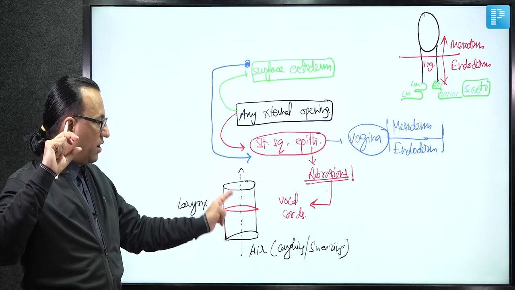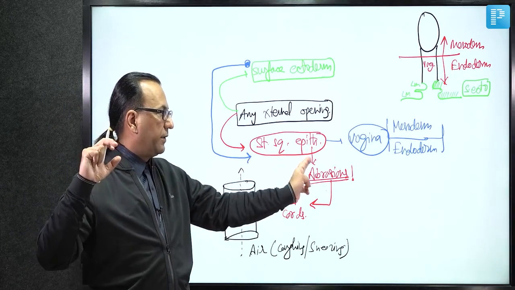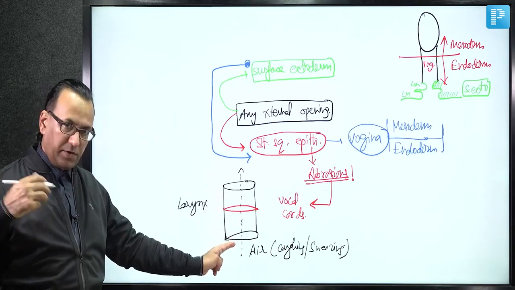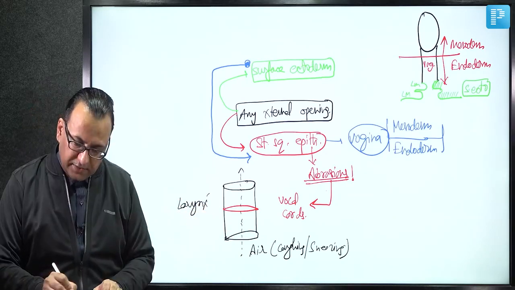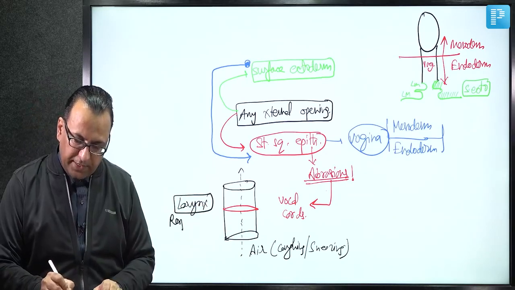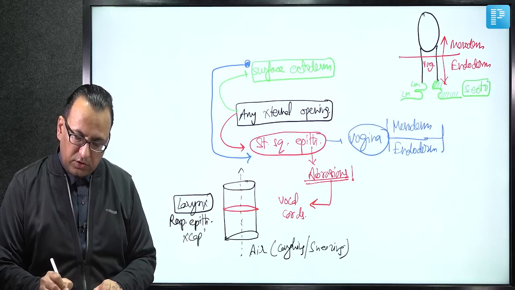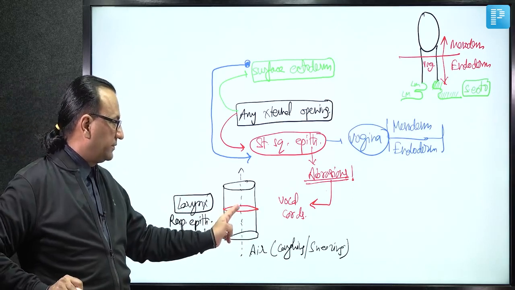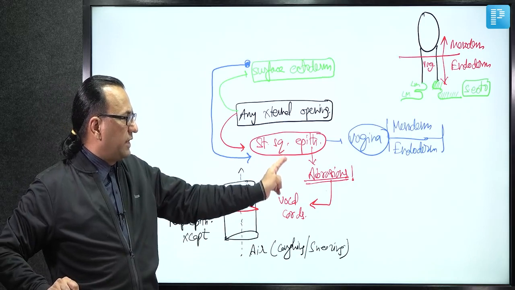And that is why the vocal cords themselves are lined by stratified squamous epithelium, despite the fact that the entire larynx, the respiratory tube, is lined by respiratory epithelium. So, larynx is lined by respiratory epithelium except at the vocal cord. And vocal cord itself is a special location which is prone to abrasion, hence to be lined by stratified squamous epithelium.